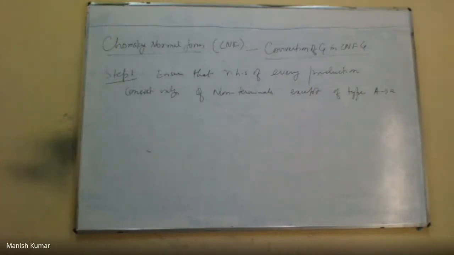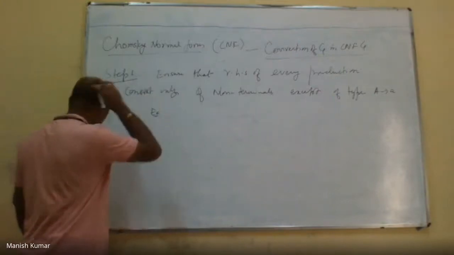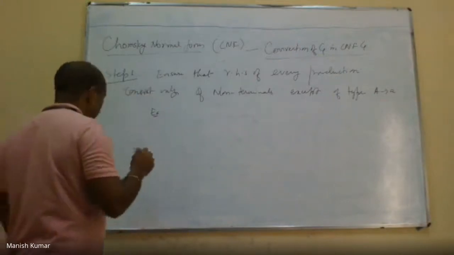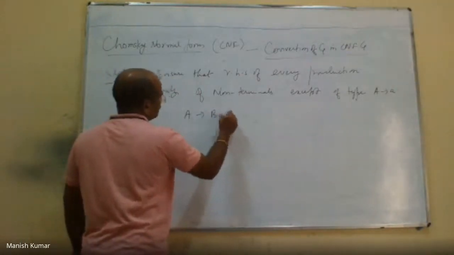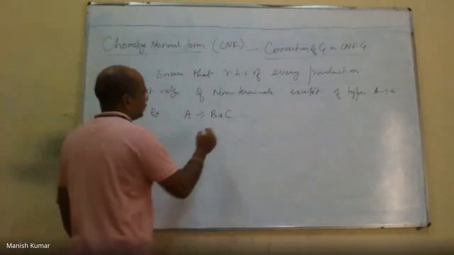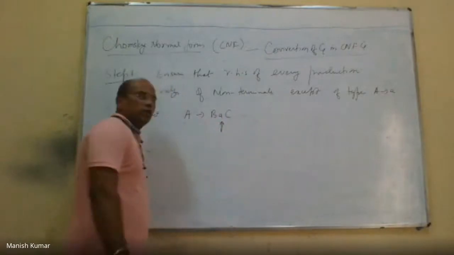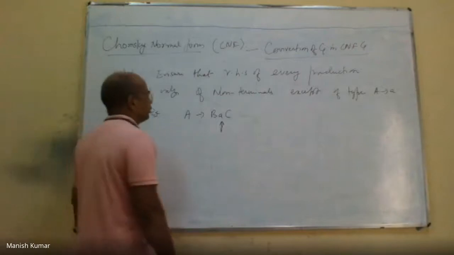For example, say A goes to B a C. What you need to do is convert this particular terminal into a non-terminal. How can I do it?